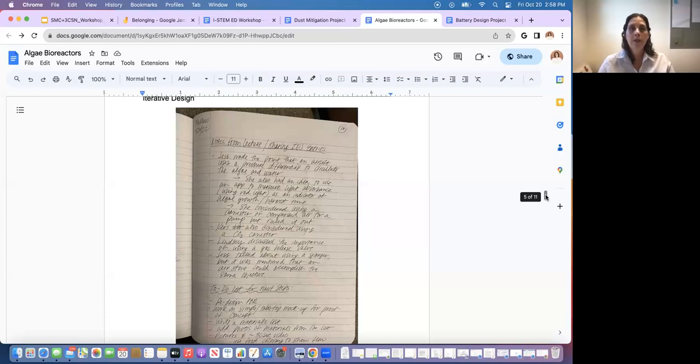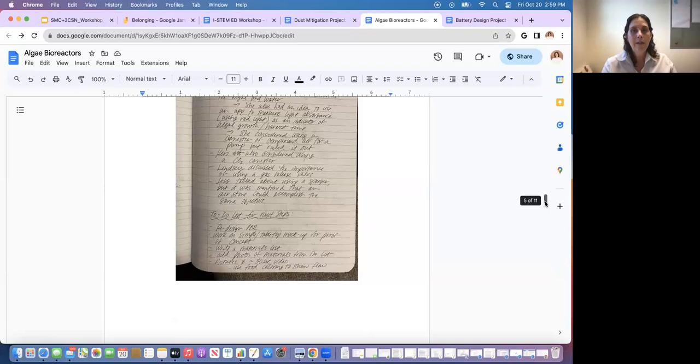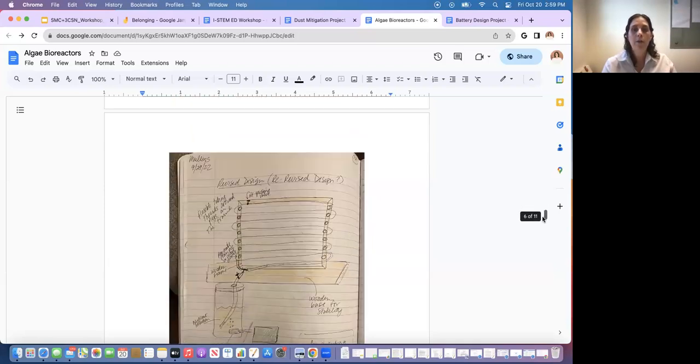And then from there, just looking at other people's designs, you might latch on to different ideas. And in this case, here's some notes. That one student made a point of using an airlift that had pressure differential to circulate the algae and water. Someone else considered using a CO2 canister to help maintain flow so that the algae wouldn't get clogged up. And then, thinking about potential revisions.